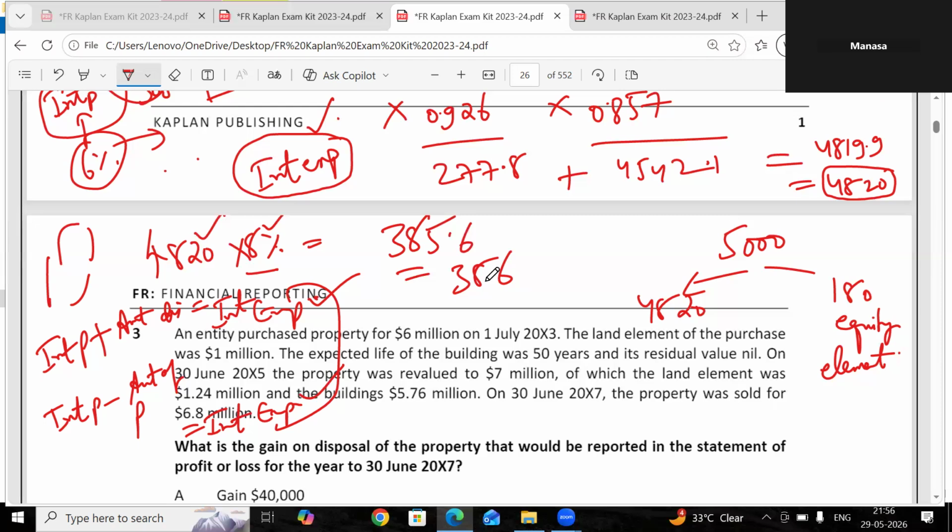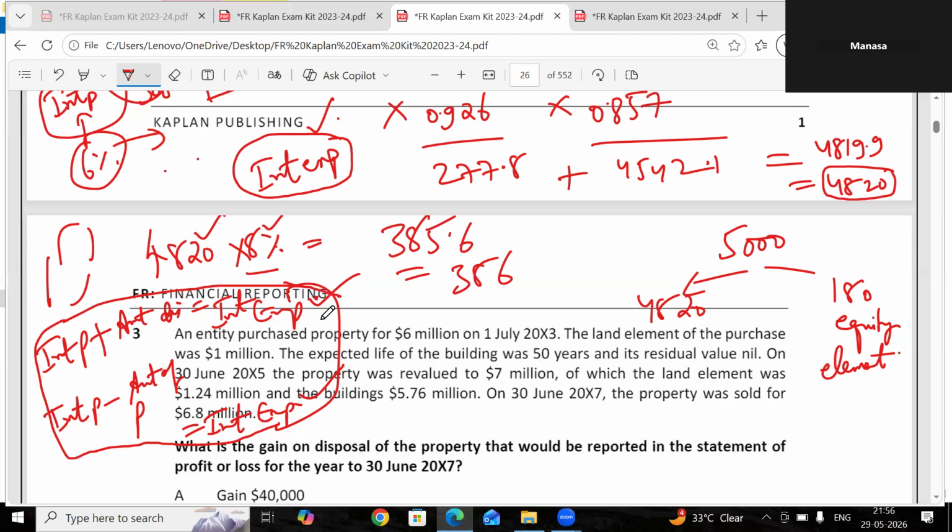Yeah, just a second. So this is something you'll be learning for accounting for liabilities, but I think that is there in your financial instruments, if I'm not wrong.